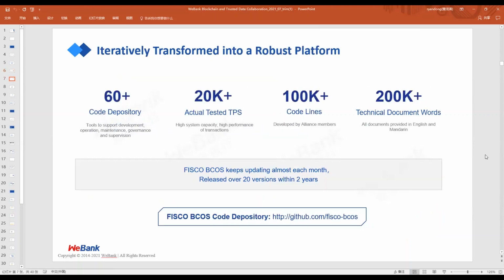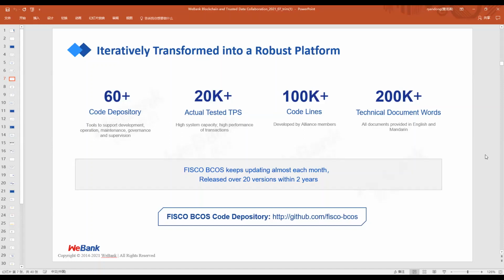Then back to the technology itself. What have we done for our platform, and what have we accumulated during the past effort? Basically, blockchain is a very complex system if you consider the entire ecosystem up to the application layer.